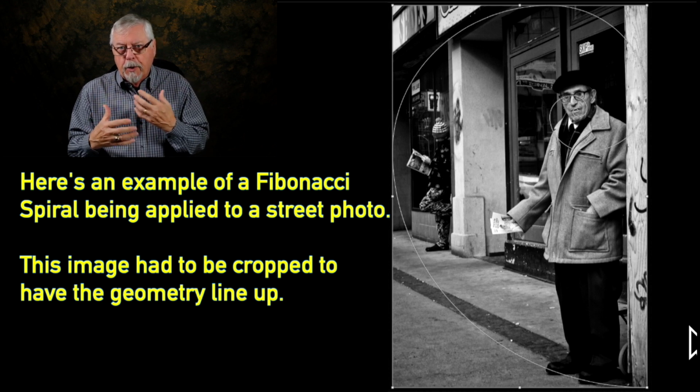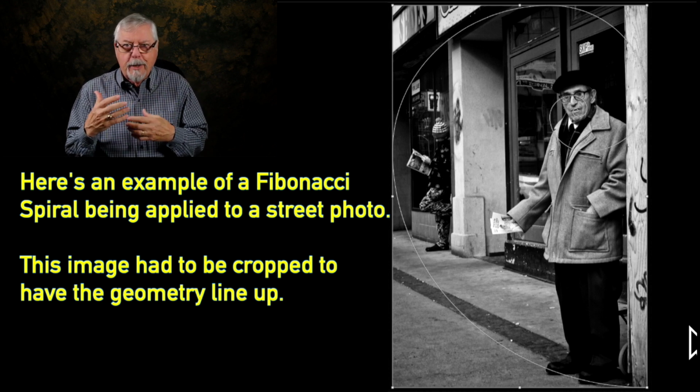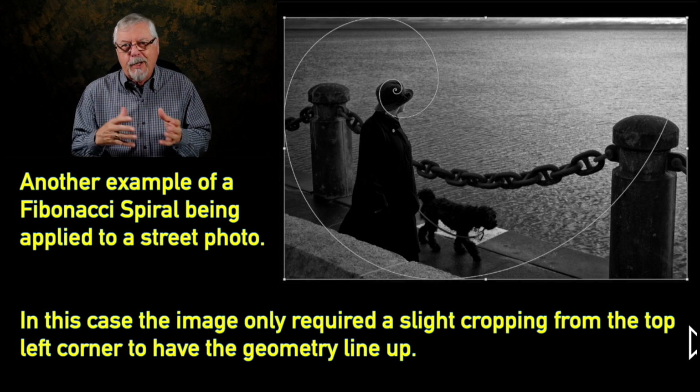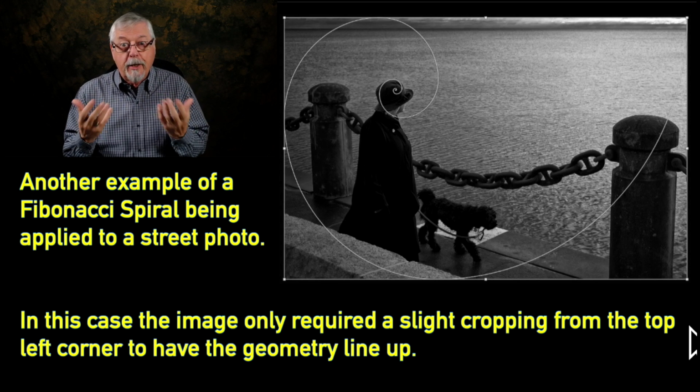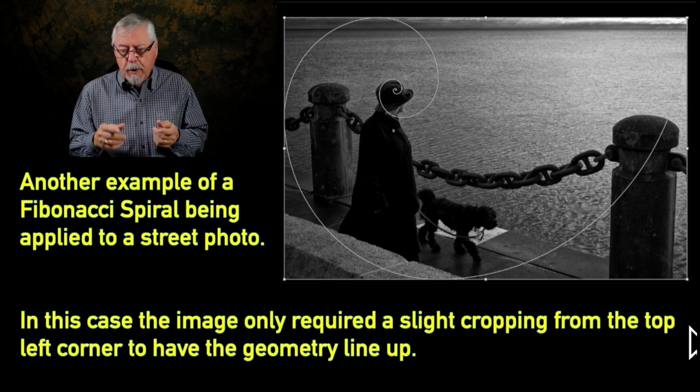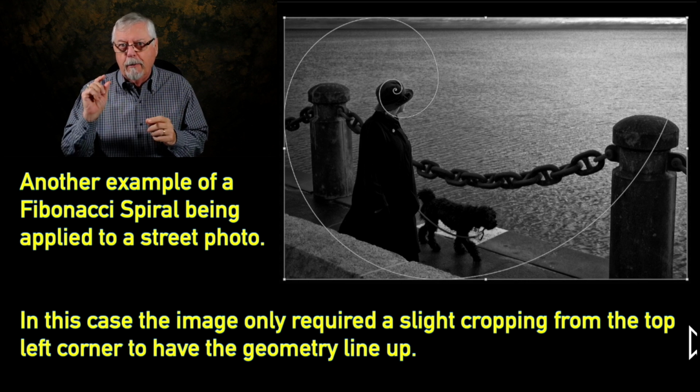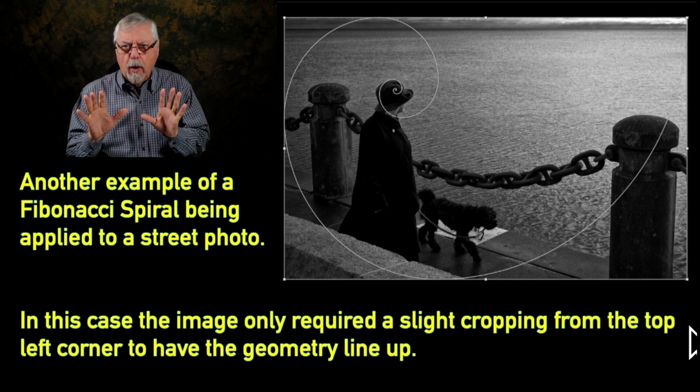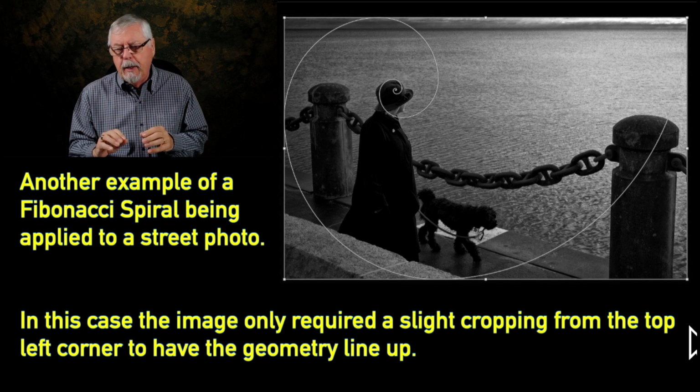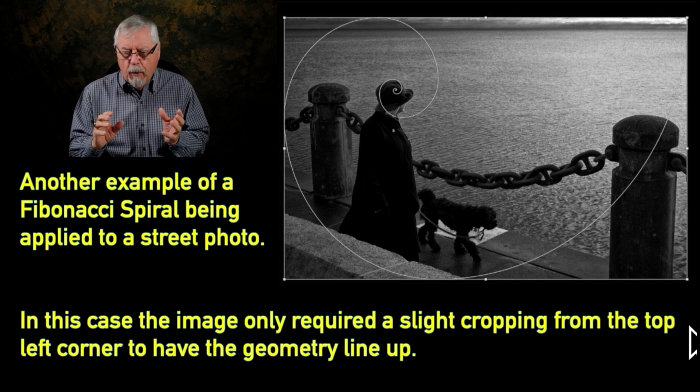So you can use these tools both ways. You can take a picture that's not great, like that one, and turn it into something good, or you take this one. This one was composed in the viewfinder, got it close, not quite, wasn't real happy with the composition, but it wasn't bad.